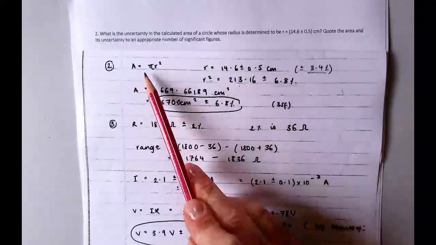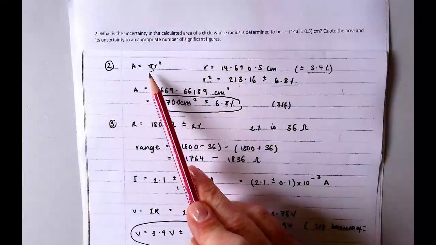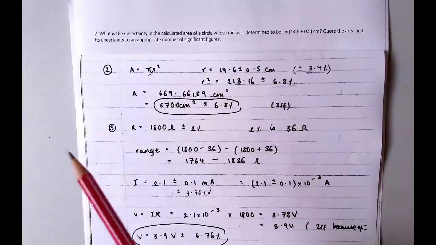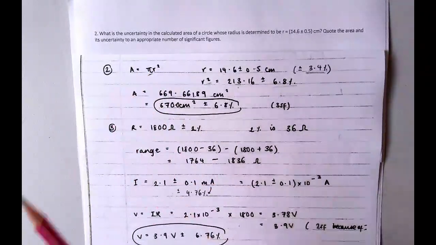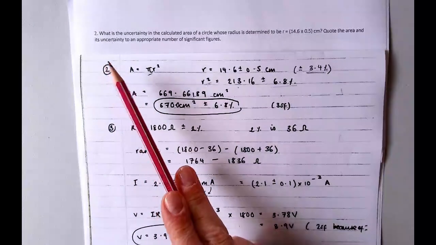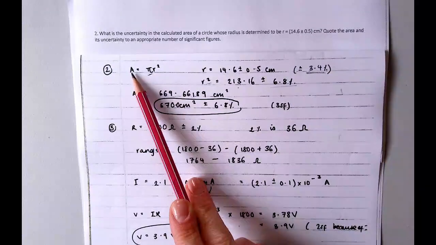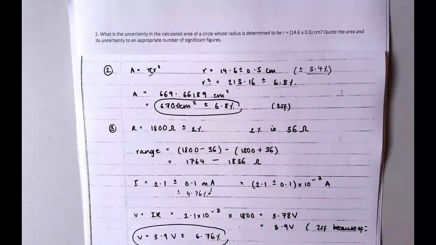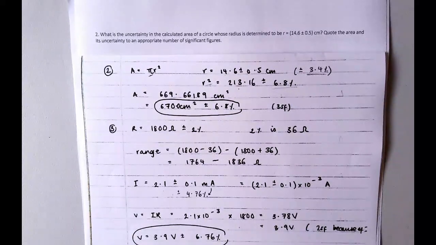Now, pi is just a scale factor, just like we had in the previous question. So this doesn't influence how uncertain I am at all. Only the r squared value contributes an error. So the percentage uncertainty in r squared is also the percentage uncertainty in the area. So that's how we calculate number 2.